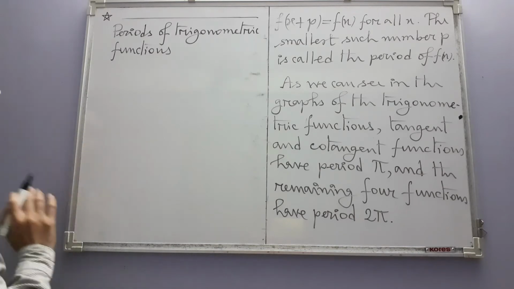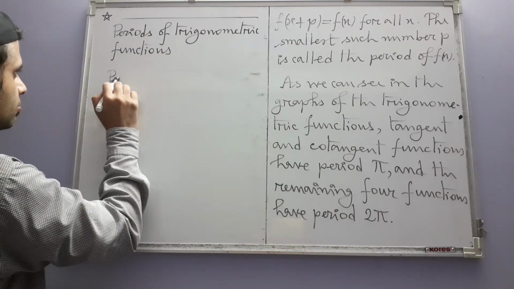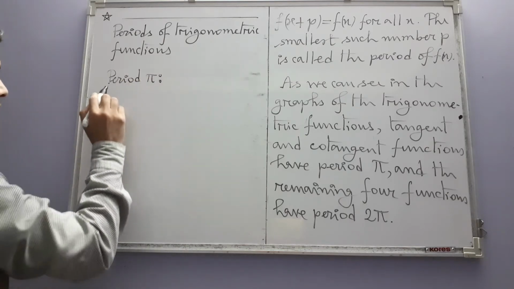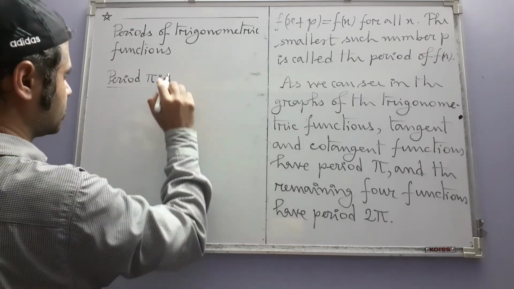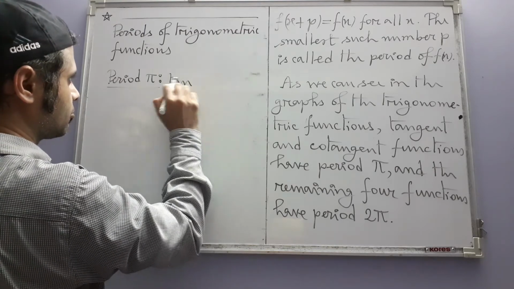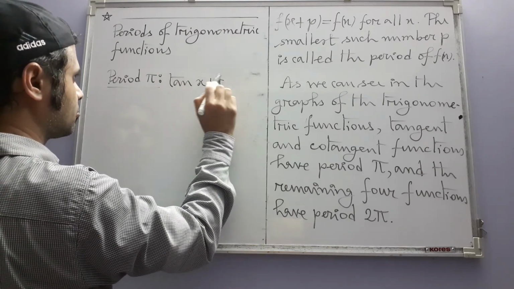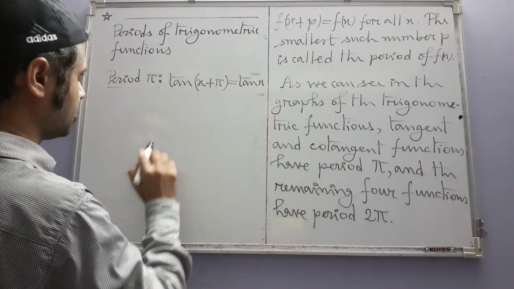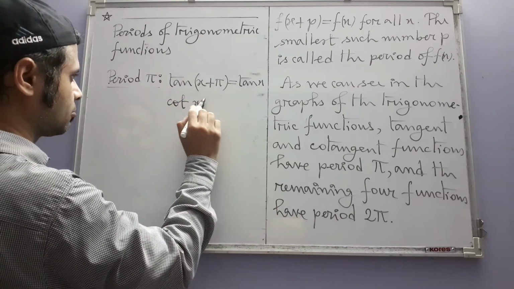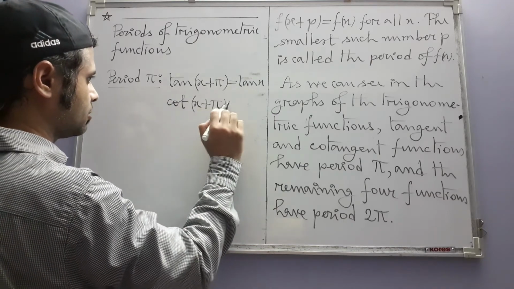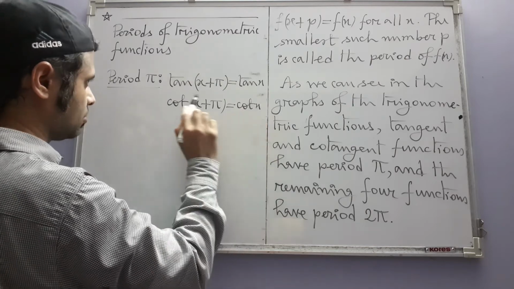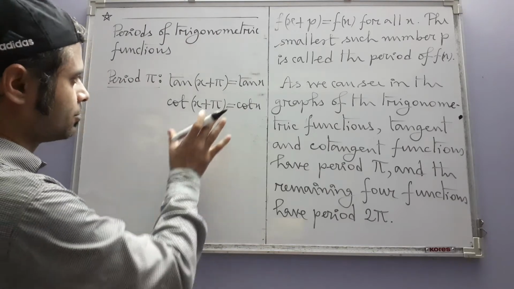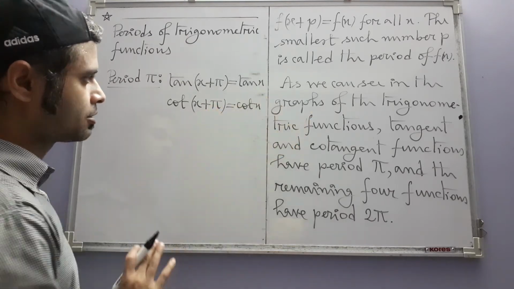So they have categorized the functions according to the period. Tan of x plus pi is equal to tan x, cot of x plus pi is equal to cot x, and you have to understand that these equations also come with restrictions on x.